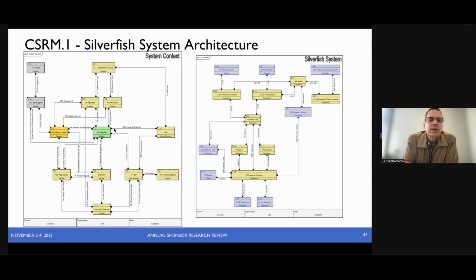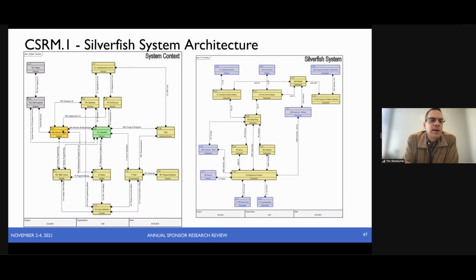At the left is the system context, with the Silverfish system in the middle, and the things that interact with Silverfish: the human operators and technicians, and the UAV as a separate system that is managed by command and control, but has an interface to feed the images and analytics into Silverfish.